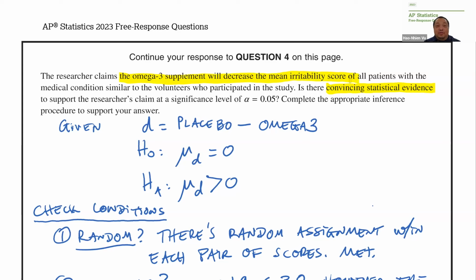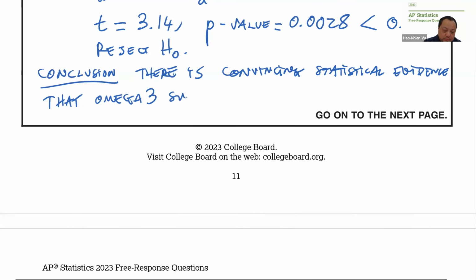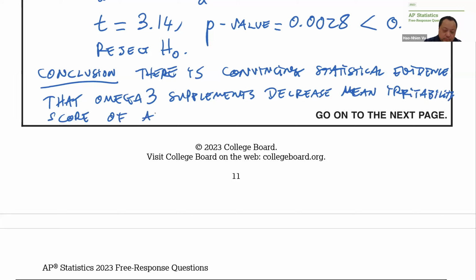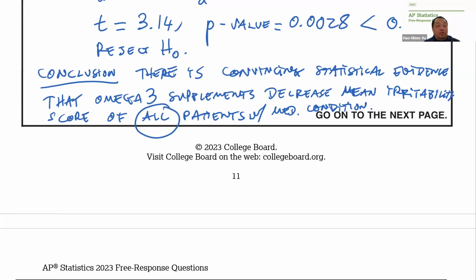Fortunately, that English translation is in the question, so I might as well copy that as well. Of all patients with the medical condition. This word all here is actually important. It indicates that the conclusion is about the population, not just about the sample.